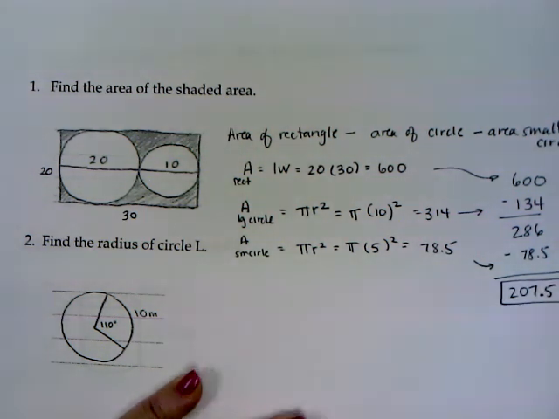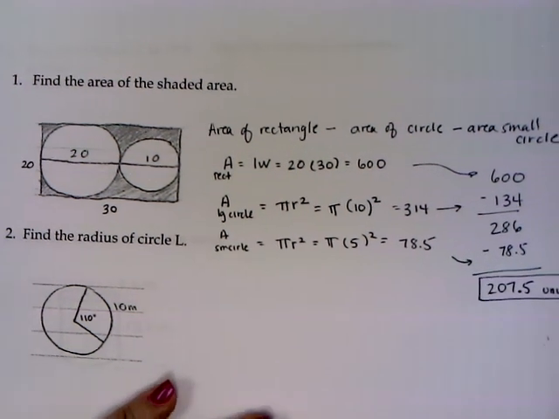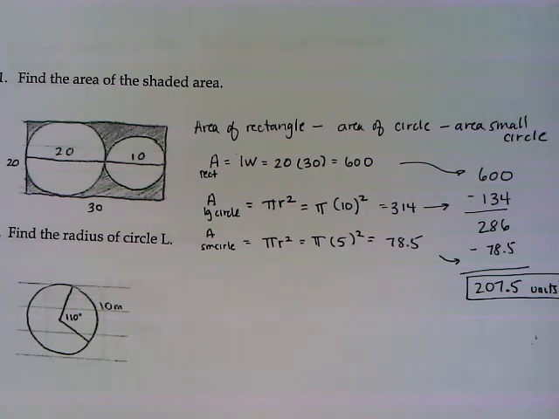So 207.5 units squared is the total area of my shaded region, because I subtracted the 2 circles out of the area of my rectangle.